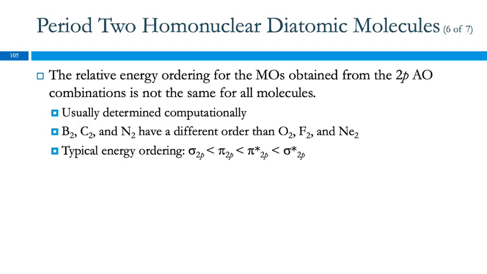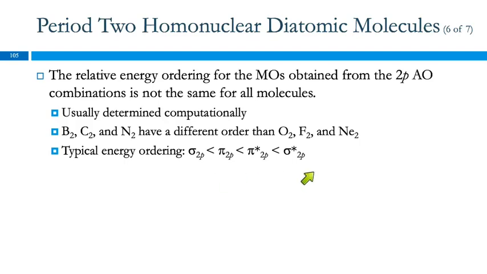It would be determined computationally. We're only going to be concerned about the first two periods of the periodic table. And what we find is that boron, carbon, and nitrogen, B2, C2, and N2, have a different order than oxygen, fluorine, and neon.